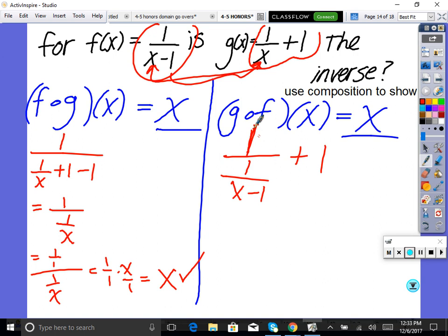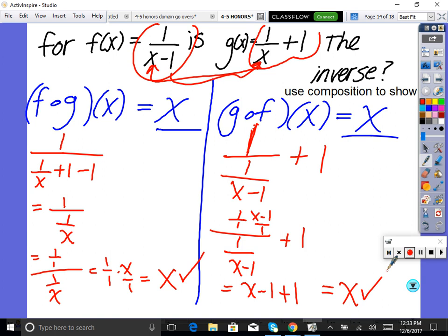Now look, rewrite this as 1 divided by 1 over x minus 1 plus 1. Doesn't this simplify to flip the second and multiply? So that's equal to, this is the work you would need to show, isn't that x minus 1 plus 1, which equals x? Check and check. Yes, you do have to check both, because sometimes one will work one way and it won't work the other way. Then you say, no, they're not truly inverses.